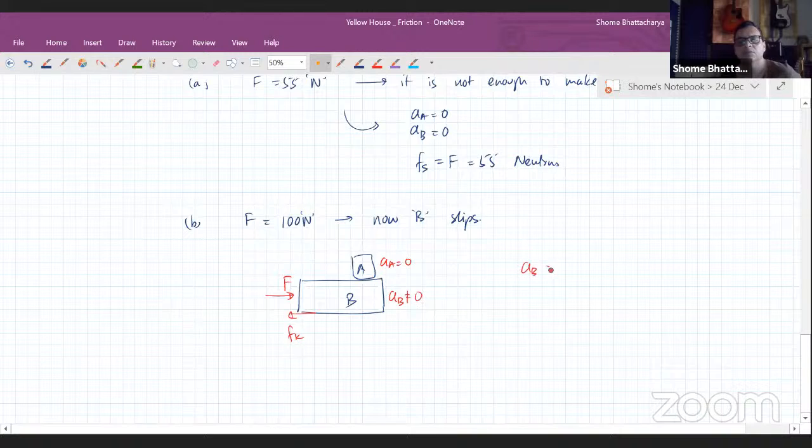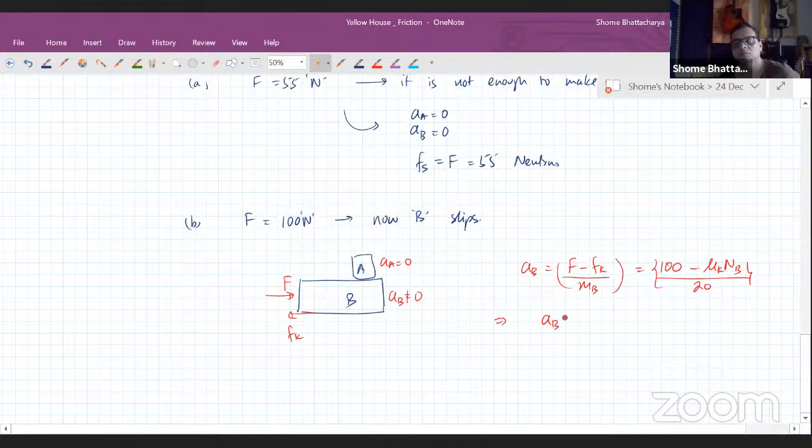So acceleration of B will be F minus kinetic friction divided by mass of B. So this will be 100 minus mu K into normal reaction at B, divided by 20 kg. This we saw is 57.6.